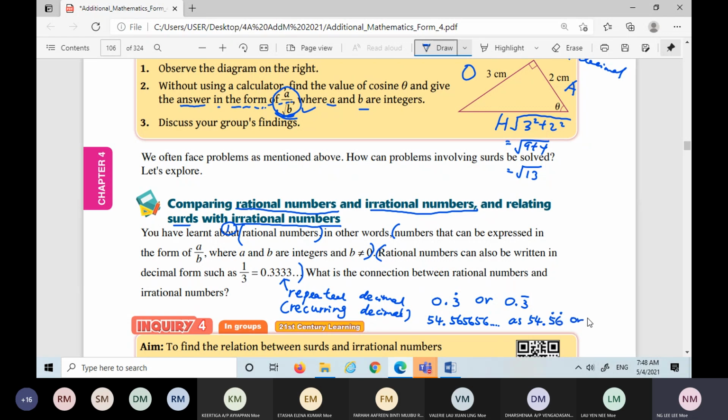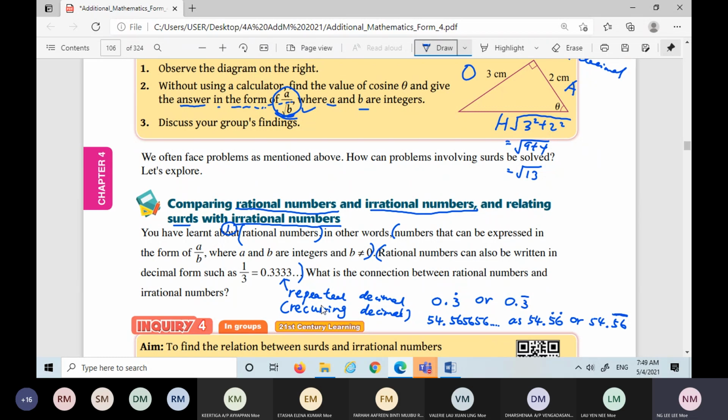Or if you are using the bar, then it will be 54.56 with the bar on top. Sorry, one line only. So this is how you write the recurring decimal.